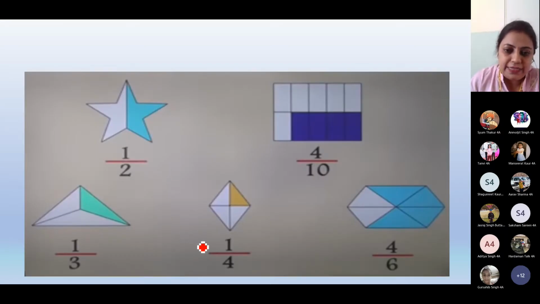Now look at these fractions. Is there any similarity in these fractions? Anmol, please tell. Is there anything same in these fractions? No, ma'am. There's nothing same. So all of them have different denominators and different numerators.